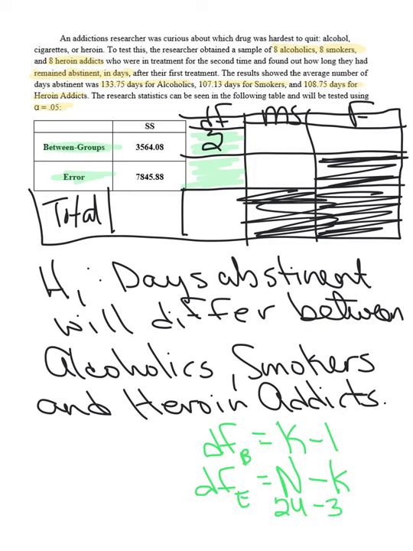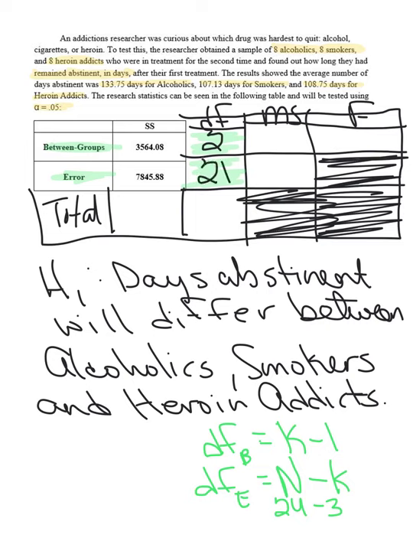A big error that people usually make is putting 2 there because they use the degrees of freedom from between groups rather than the actual K. So when we get our degrees of freedom error, we go 24 minus 3 and we get 21.